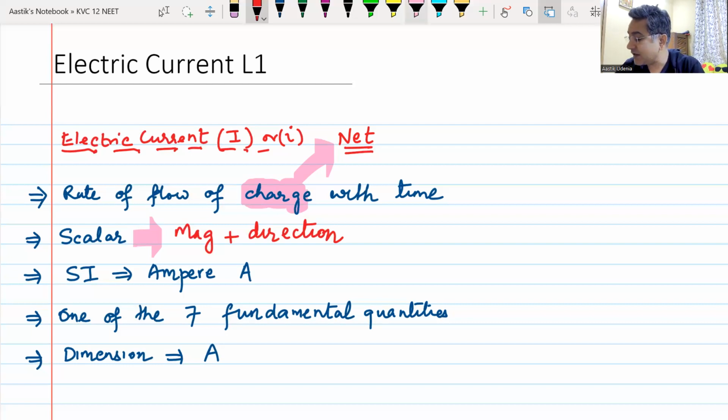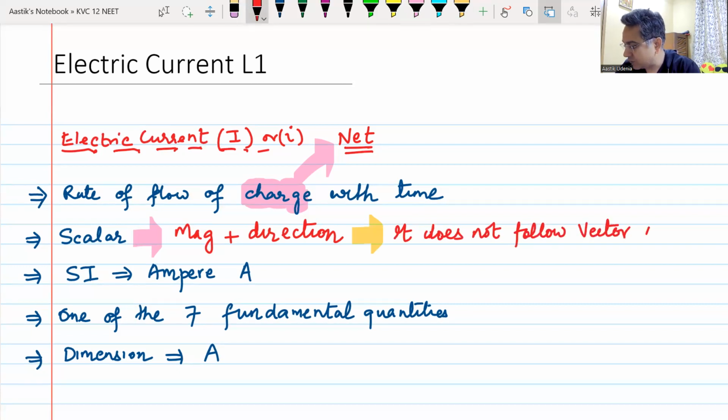And the reason for it being a scalar is it does not follow vector laws. It does not follow the law of vector addition. What do you mean by the law of vector addition?